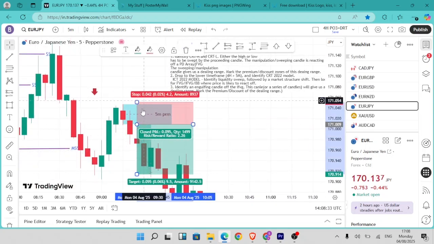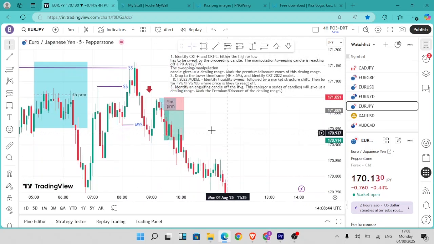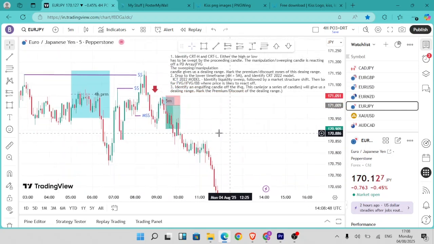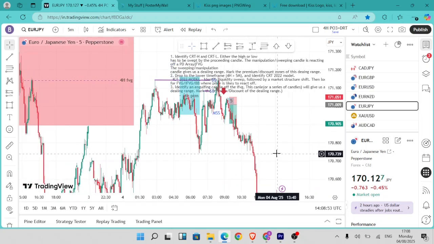So we have this stop loss right above this dealing range, a few pips above the dealing range, and now you start doing your take profits based on the market structure.